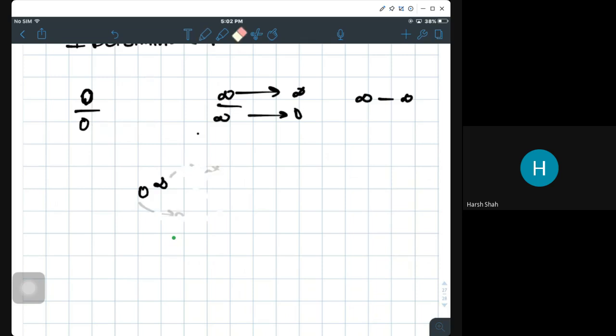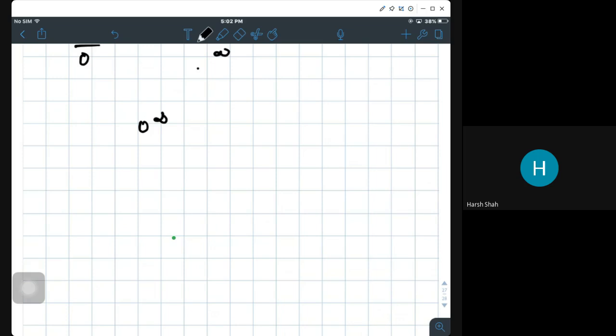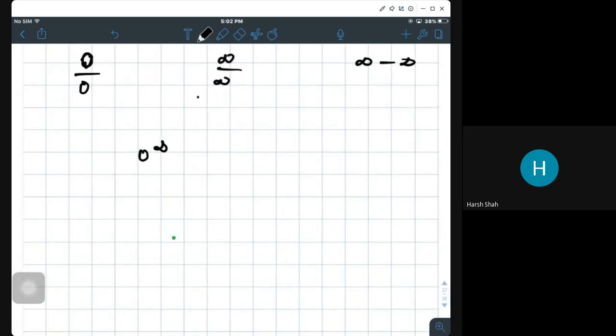So what I'll do is try to simplify my limit. These are the four forms; you have to remember these four forms. When you have these four forms, you try to simplify your expression so that you get either a finite number or infinity.